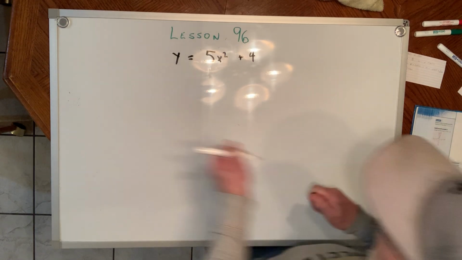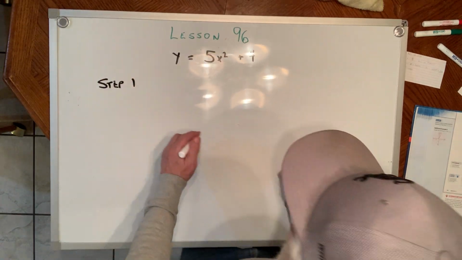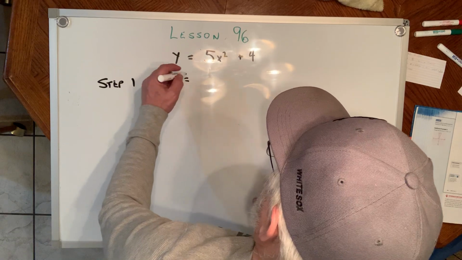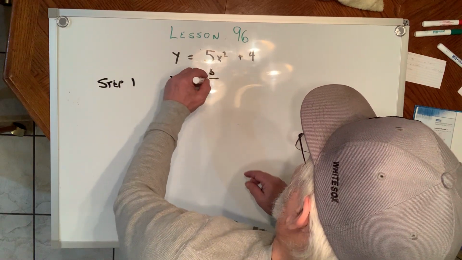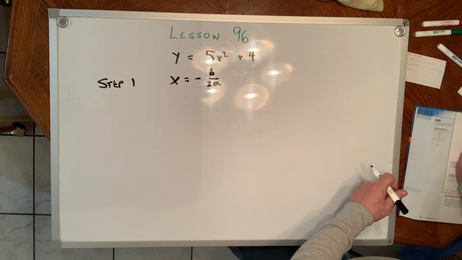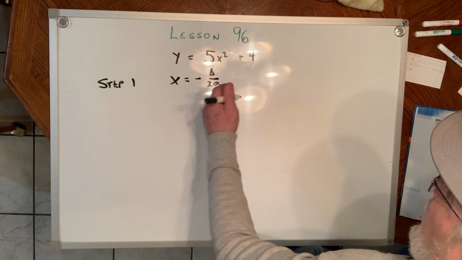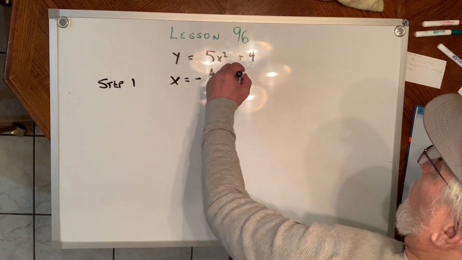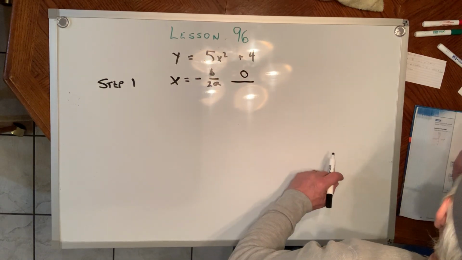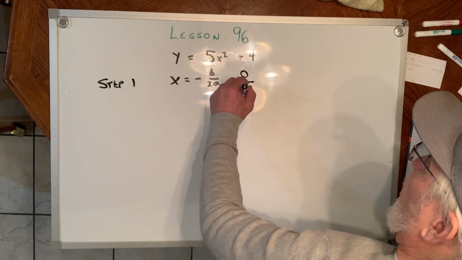We start again. Step 1. We use our formula, x equals negative b over 2a. We plug in what we have. Now in this case, there is no b. No big deal. We put in a 0 because there's none there. The a is there. That's 5, so we get 2 times 5.